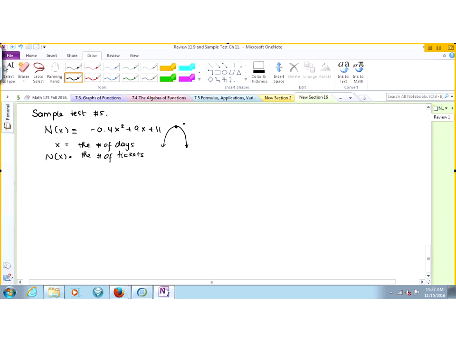Yes. Where is the maximum? Yes. Right. So our goal is to find the vertex, which is the maximum. So our goal is to maximize N of X. So then the vertex, how do I find the vertex?